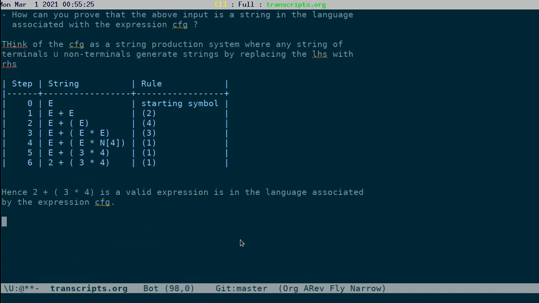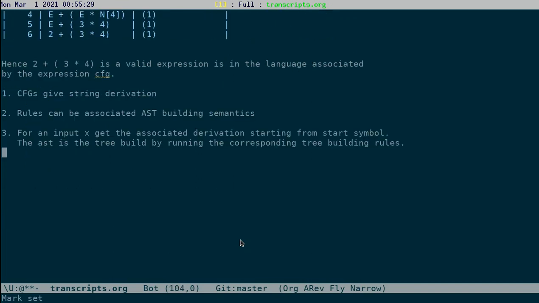We can now explain the syntax directed translation as follows. Take the CFG, think of it as a string derivation system. For each rule, associate an AST building semantics. Okay. Now if you have an input X, get the associated derivation starting from the start symbol.